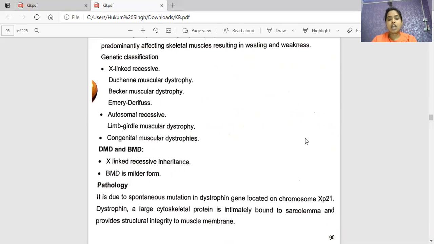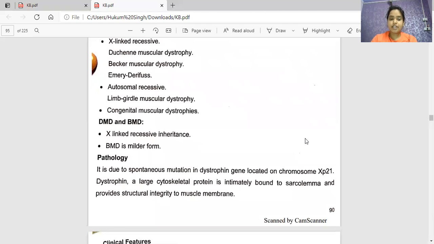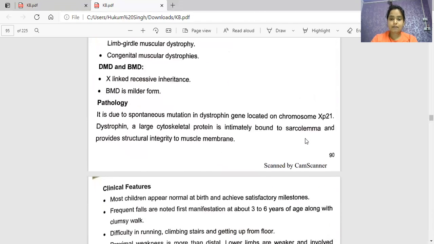Dystrophin is a large cytoskeletal protein. Because of the dystrophin gene mutation located on chromosome Xp21, it is very important. Dystrophin is a large cytoskeletal protein intimately bound to the sarcolemma and provides structural integrity to the muscle membrane. So dystrophin is a very important muscle protein.